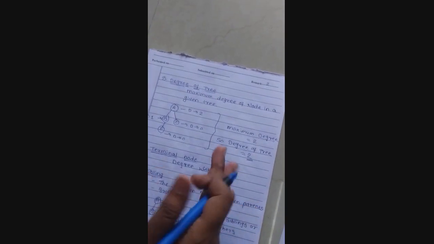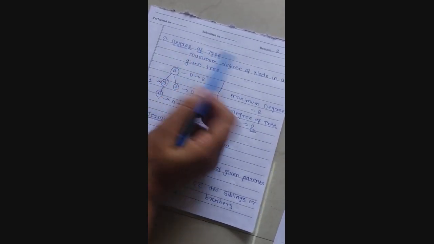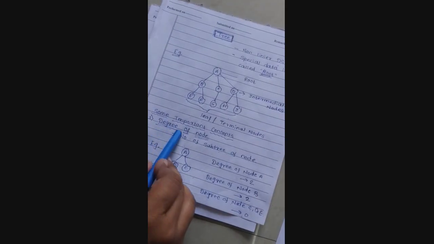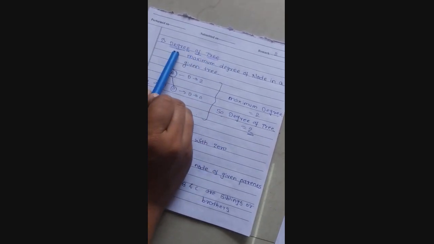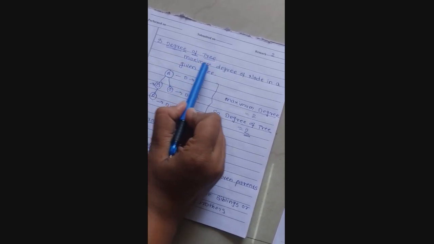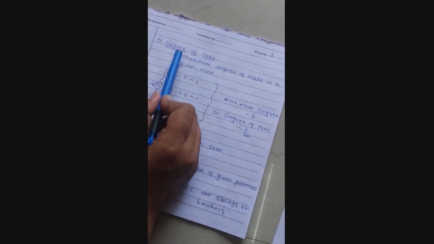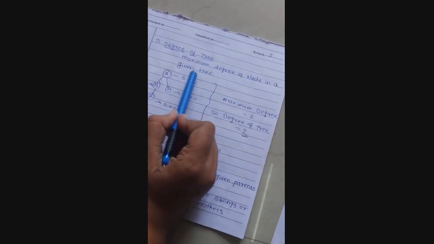Now we will see another concept, that is the degree of tree. In the previous concept we saw the degree of a node. Now we are going to see the degree of a tree. The degree of a tree is the maximum degree of a node in a given tree.